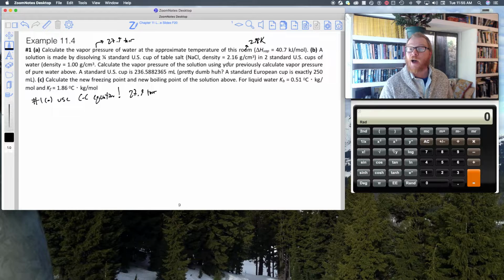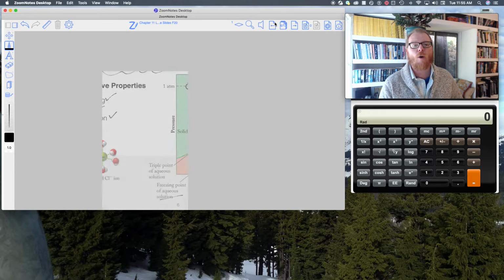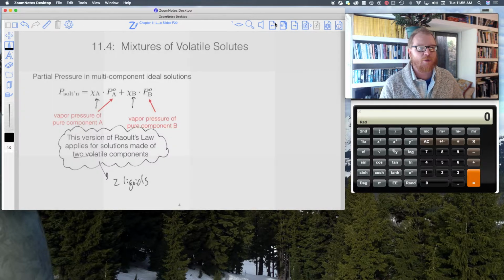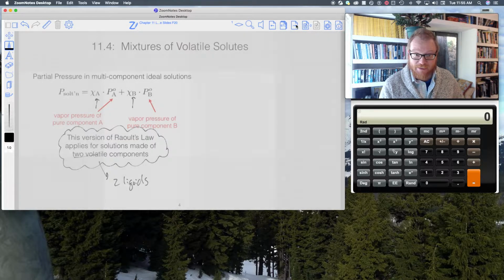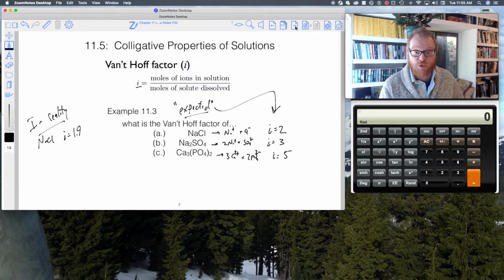So I'm not going to do that one either because I just did a problem very similar to that in your previous notes. So number 1B, I want you to follow along with example 11.1. Make your best effort to calculate this.